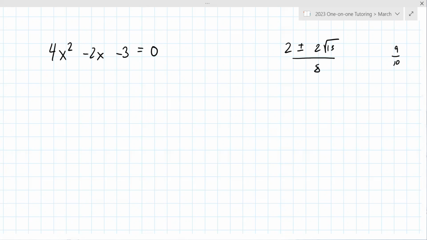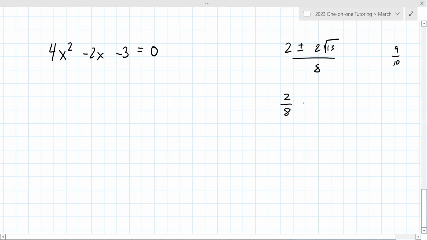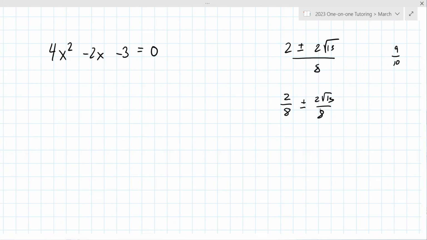Do you need a hint? Sorry, I might need a hint. Okay, so you're gonna divide each of these by 8, and then you can simplify from there.